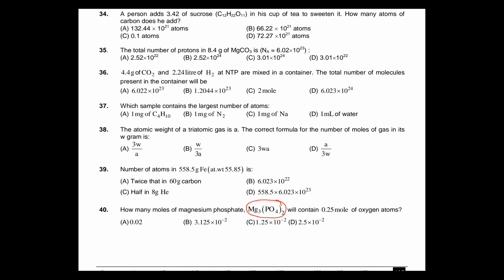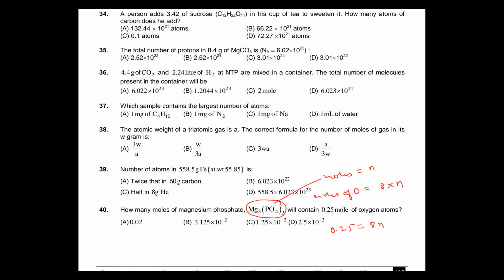Let us assume n moles of magnesium phosphate. So moles of oxygen will be atomicity of oxygen, 8, into moles of the substance, that is n. And it is given that moles of oxygen is 0.25.